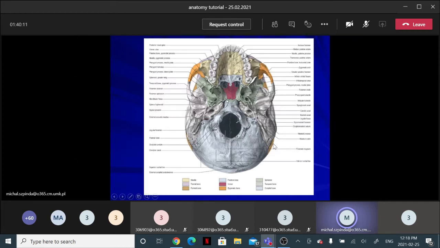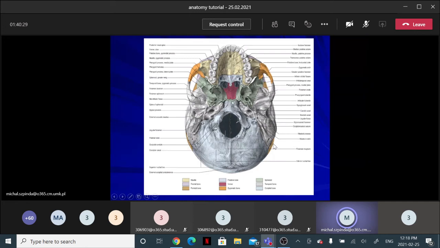Instead of basilar part of occipital bone, we can say the basi-occipital bone.